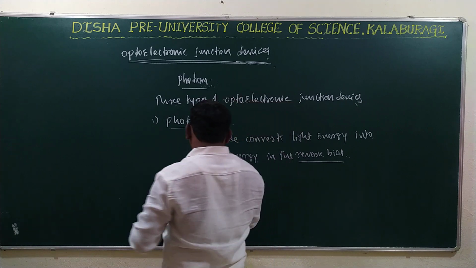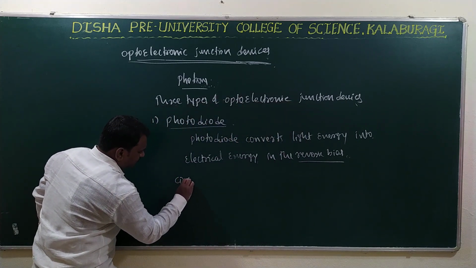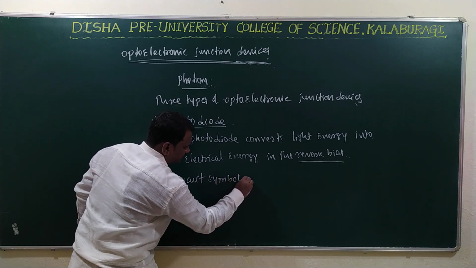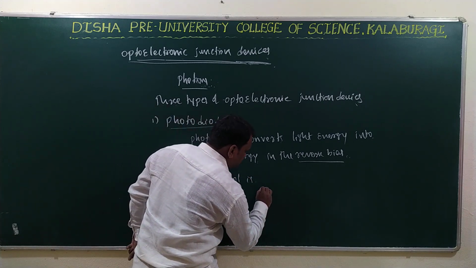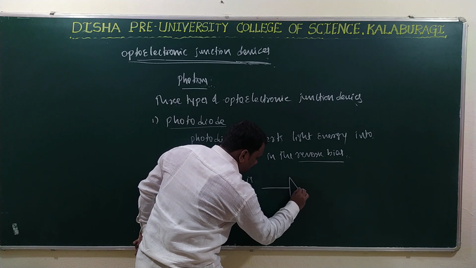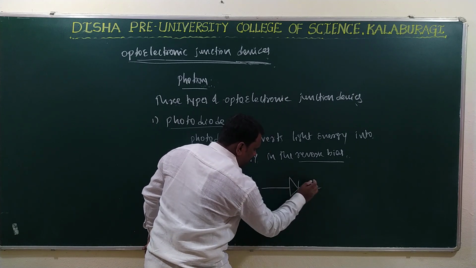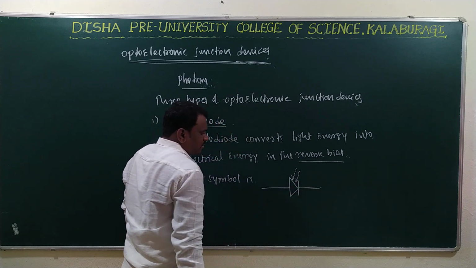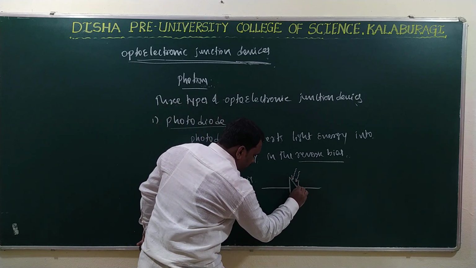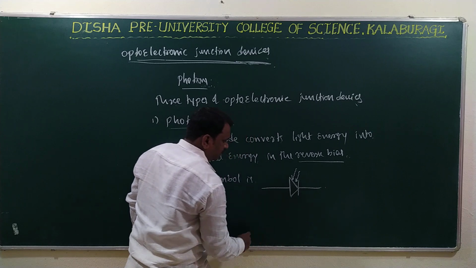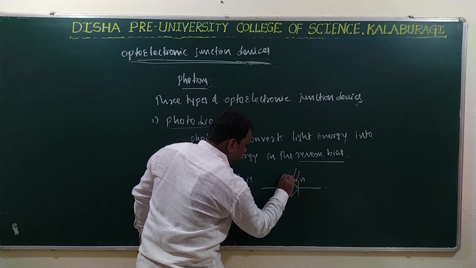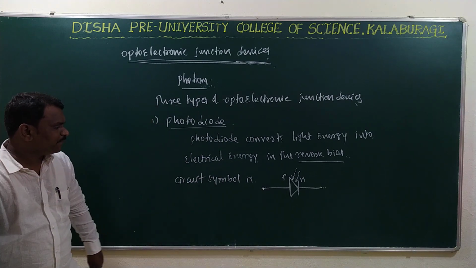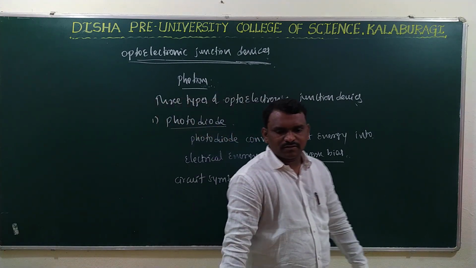The circuit symbol is shown here, where light energy means the radiations act on the diode, and it conducts the current. Right? This is the circuit symbol of a photodiode.